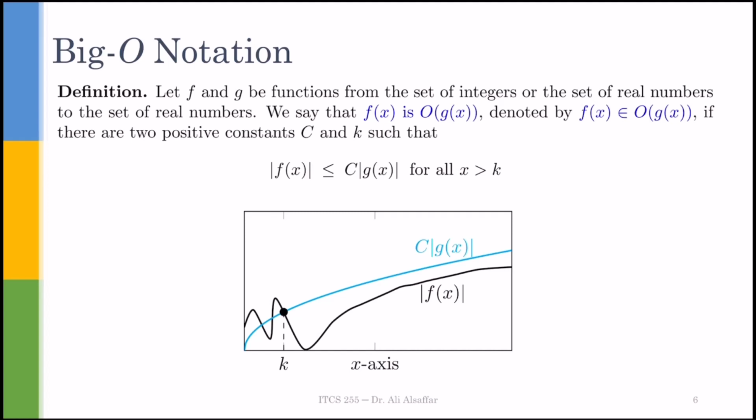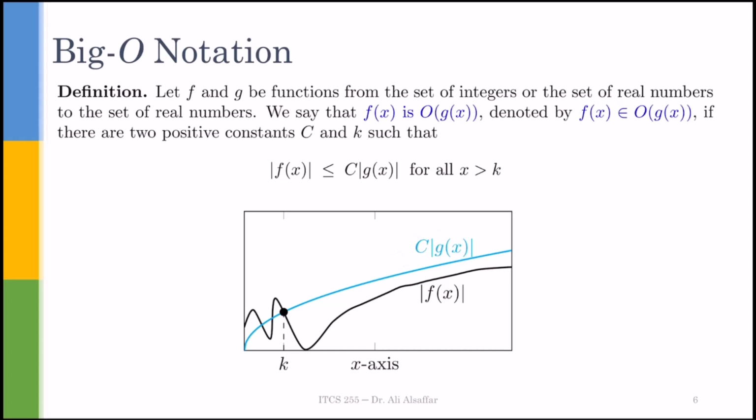If the x-axis is for the variable x, and as we did before, notice that the blue graph is for c times g of x, and the black one for f of x. Since f of x grows no faster than g of x, after x greater than k, f of x is always at a lower level than g of x multiplied by a constant.